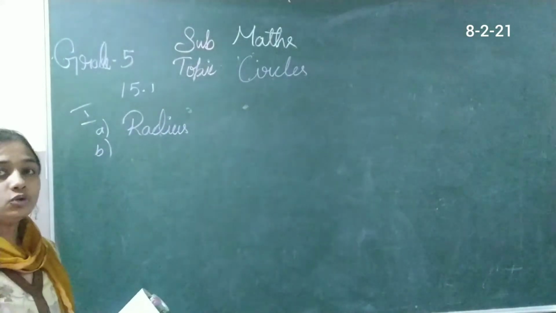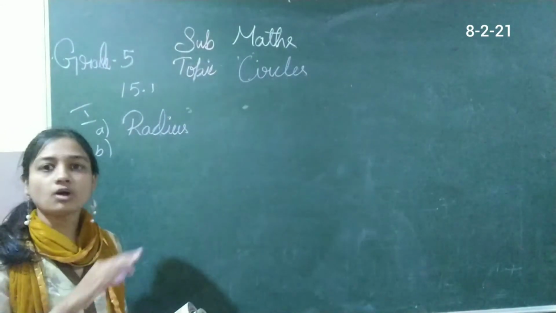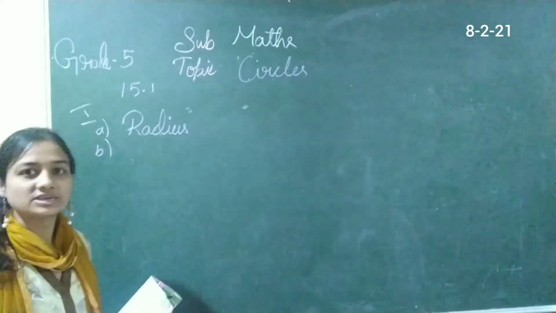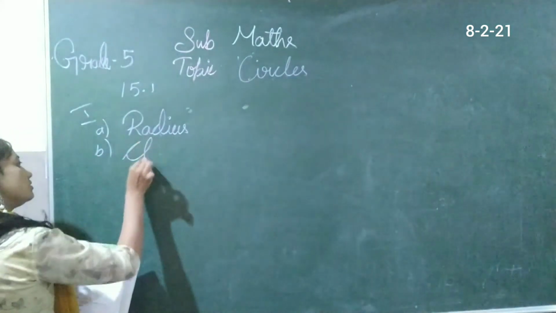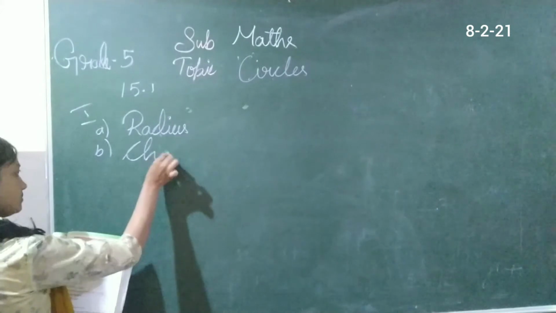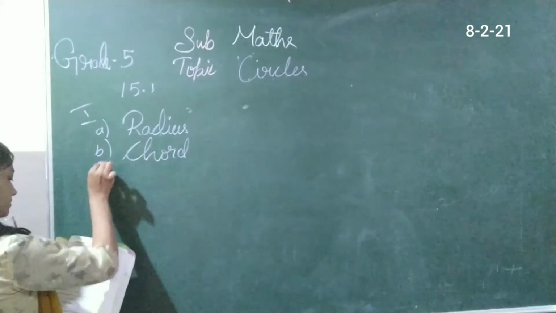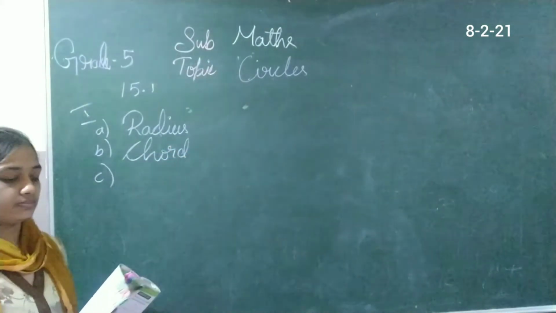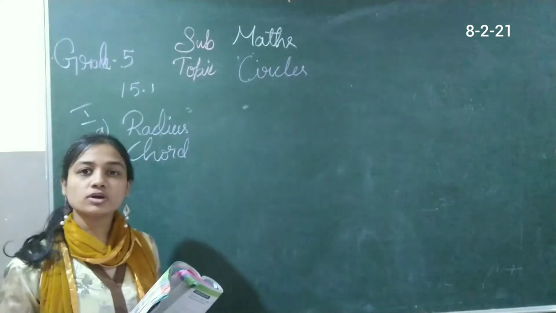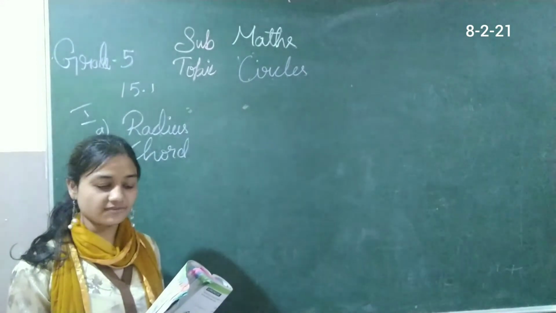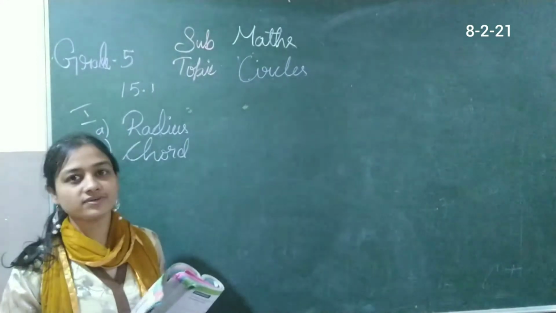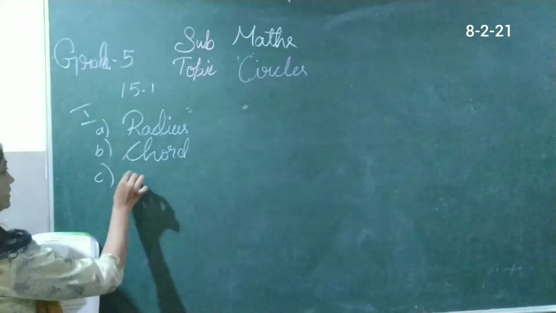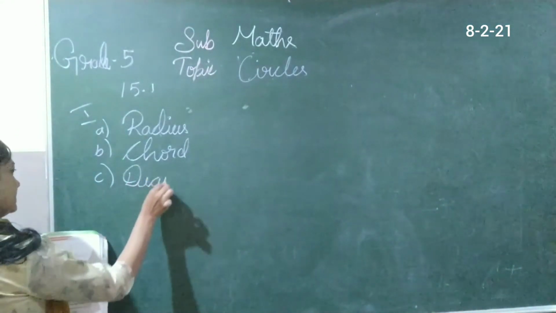It is joining 2 points on the circumference, but it is not passing through the center. So it is just a chord. Chord. Next, C1. The line is joining 2 points on the circumference, and passing through the center of a circle. So it is a diameter. Diameter.